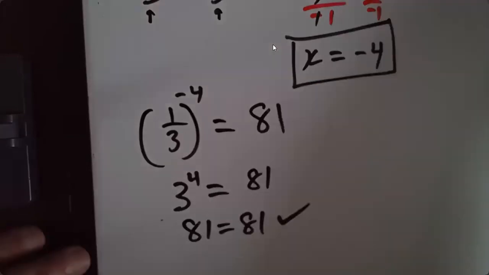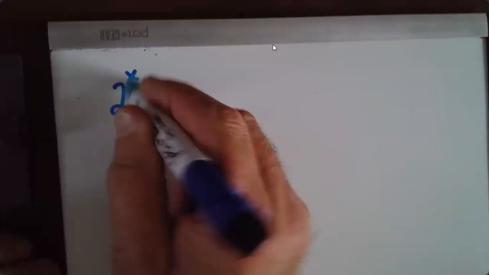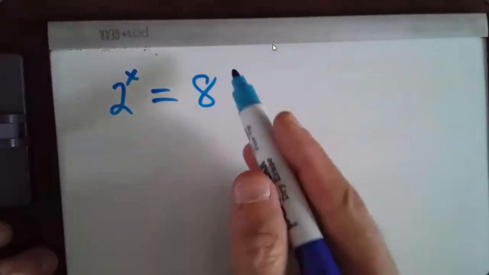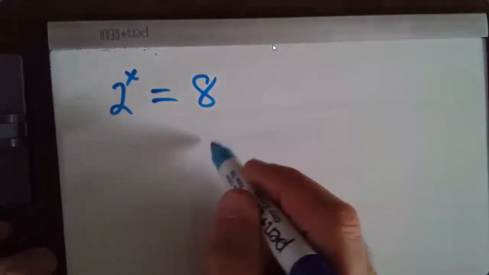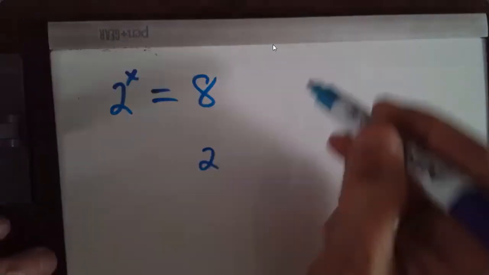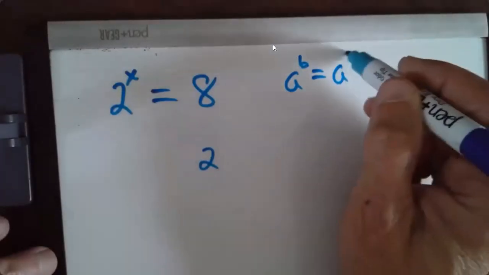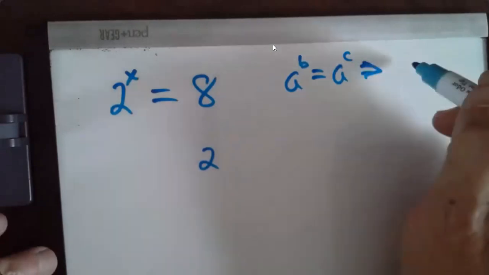Okay, let's try another one. Here we have 2 to the x power equals 8. This one's a little bit easier than the last one. So we ask ourselves, if a to b equals a to c, then b equals c.